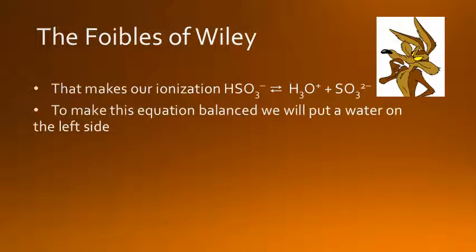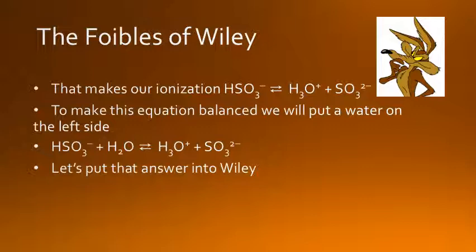To make the equation balanced, we're going to put a water on the left-hand side. So that gives us HSO3- plus water going to hydronium plus the sulfite anion. That's what Wiley is looking for. Let's check it out.